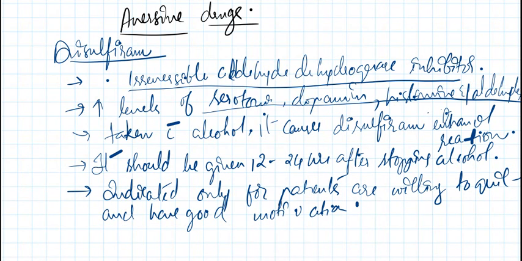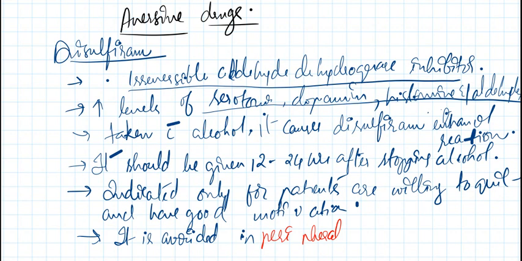Now one more thing, I think this statement also needs a bold underline. It should be avoided in peripheral neuropathy. I will just mark it with red color. In peripheral neuropathy, this is very important.